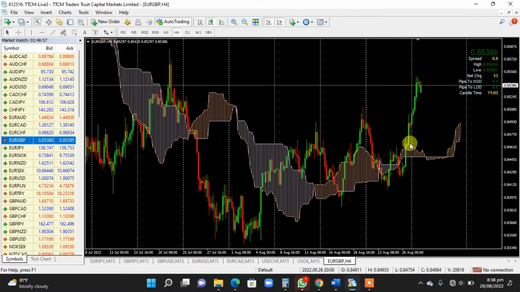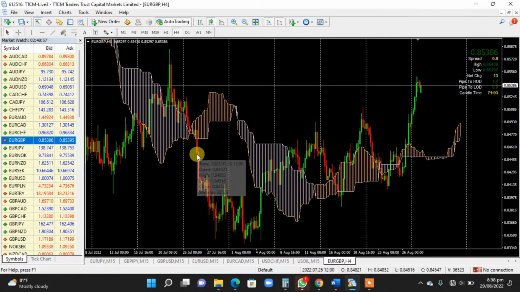This is what I was talking about. Anytime you see price above the cloud, this is the Kumo cloud, it has the Span A and the Span B. The whole idea is to understand that this is the cloud. Anything above the cloud means we are buying the pair, and anything below the cloud means we are selling the pair.